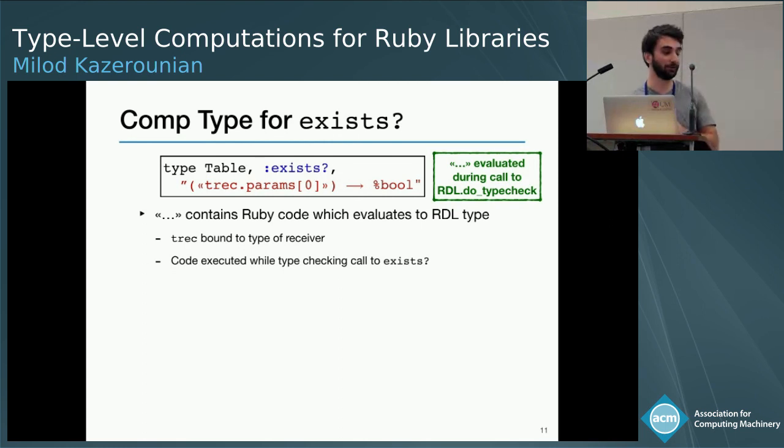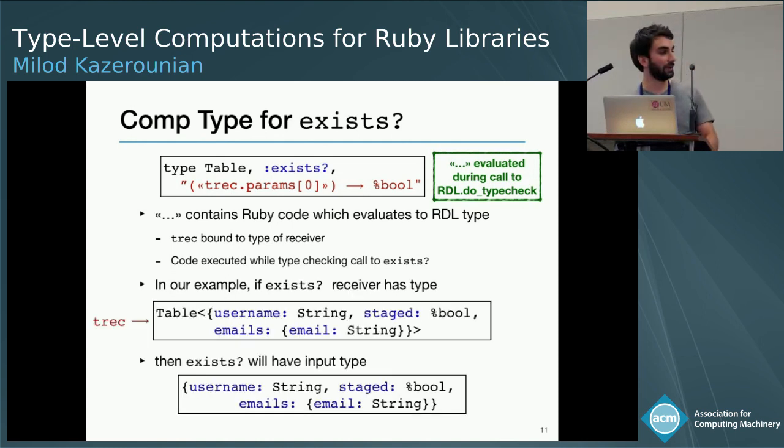In the input type, you'll notice these funny angle quotes, and those are delimiters for some Ruby code. Inside this Ruby code, we have this identifier trec that's going to be bound to the type of the receiver of a call to exists. We're calling trec.param0, which will just give us the parameter of the table type that is the receiver for this call. And we're going to actually run this code when we are performing type checking, when we encounter a call to the exist method.